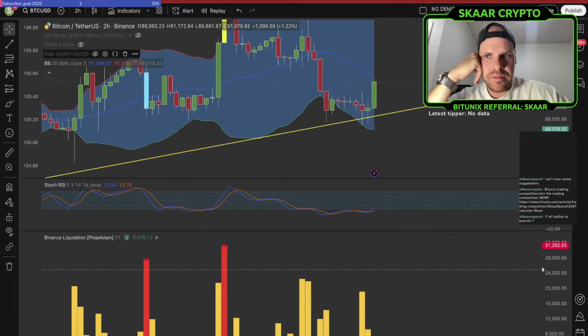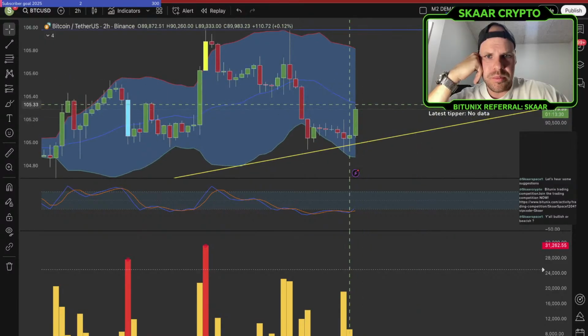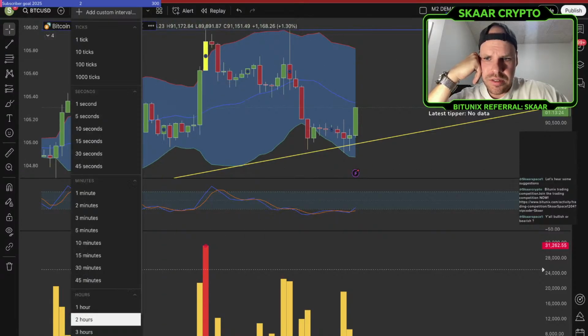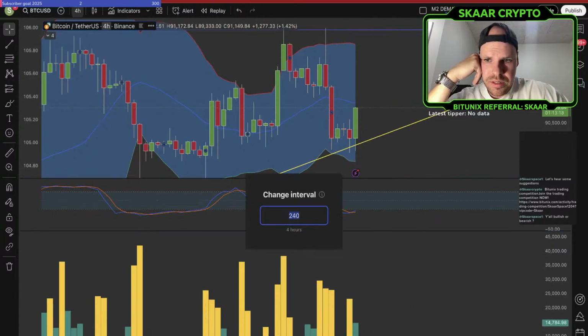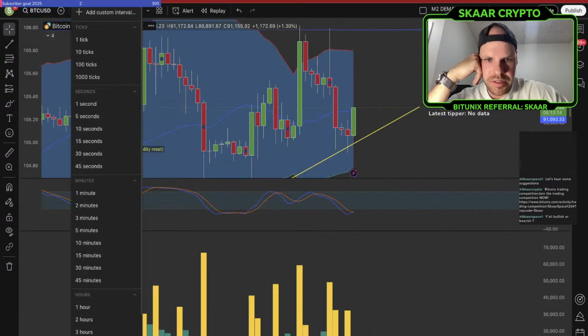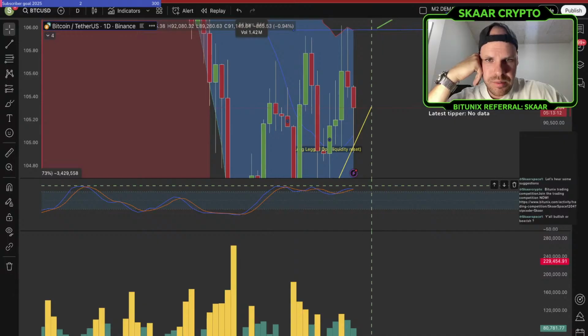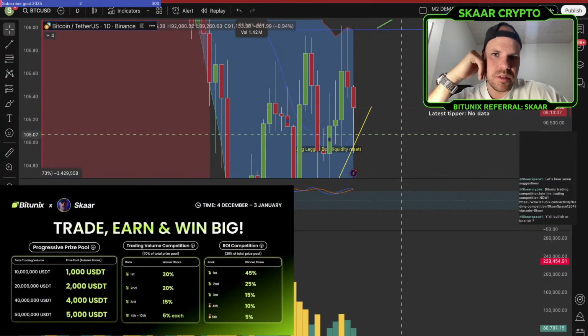We do have a support bounce and resistance around the Bollinger level. The 2 hourly looks like it is starting to set up a path. 4 hourly is as well, and every major time frame is just telling us that it is go time. The daily suggesting that we are overbought.